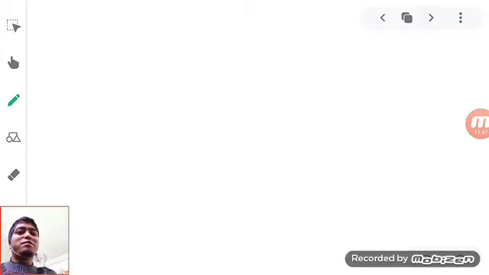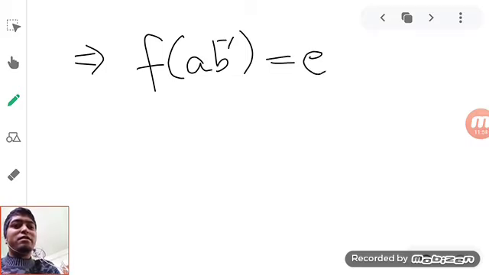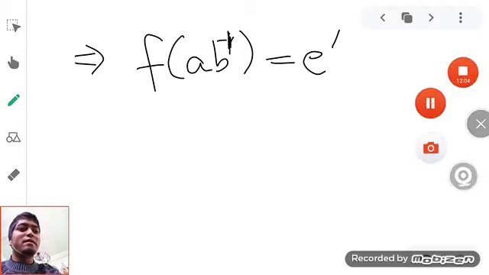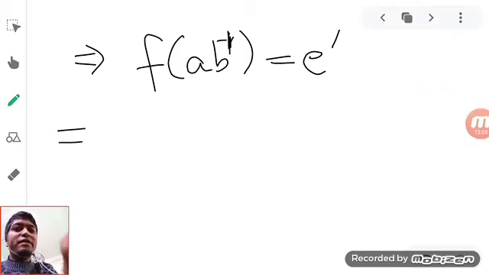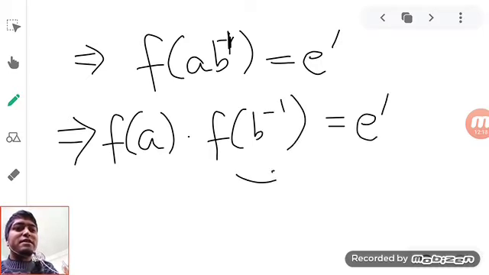If ab inverse belongs to kernel f, it means that f(ab inverse) = e dash. f(ab^-1), that is ab inverse, equals e dash. And because f is a homomorphism, we can write it as f(a) f(b inverse) = e dash. The reason is, since f is a homomorphism.